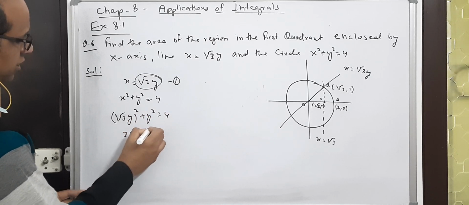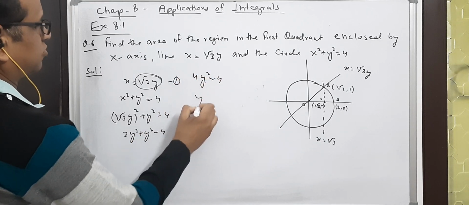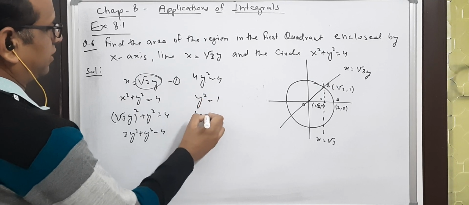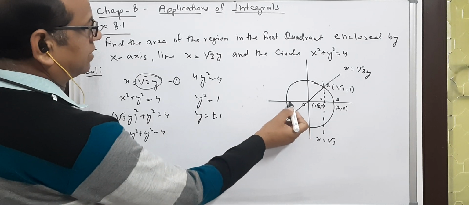So 3y square plus y square equals 4, 4y square equals 4. So y square equals 1. So the value of y is plus minus 1. So this is the minus 1 here.